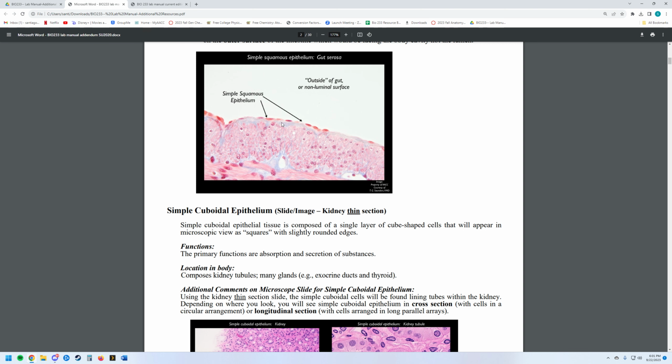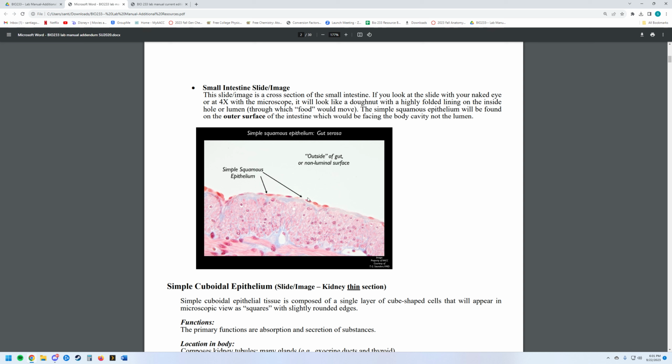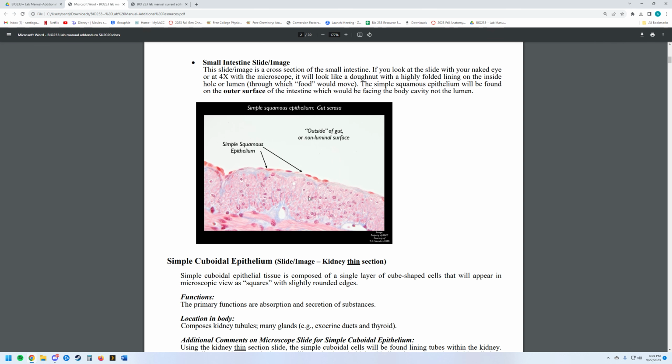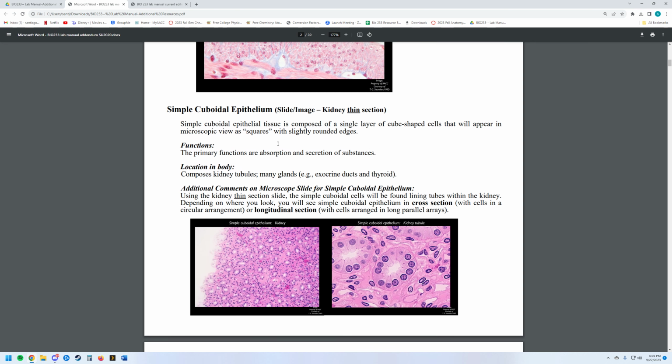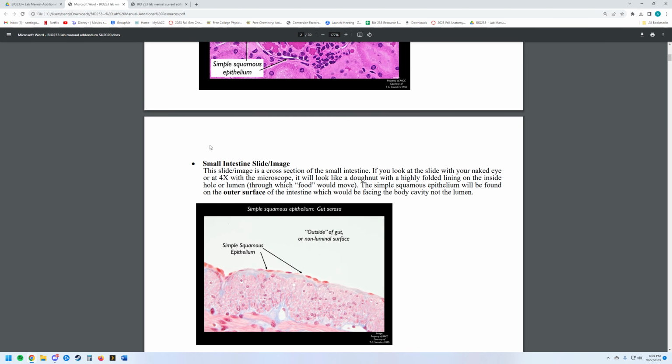And this is just the outside of the gut. Yeah, it makes sense, right? Outer surface. But regardless, we know it's simple squamous epithelium because of the small pancake-like shape. So that takes care of the simple squamous.